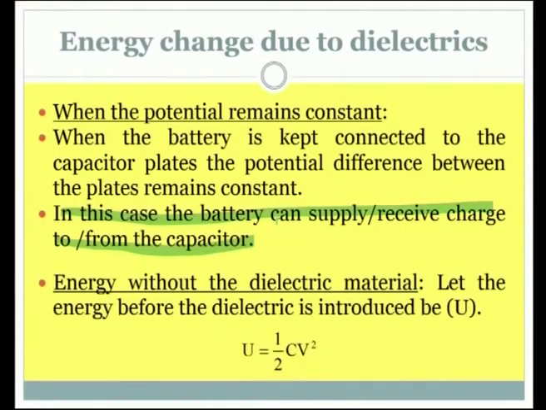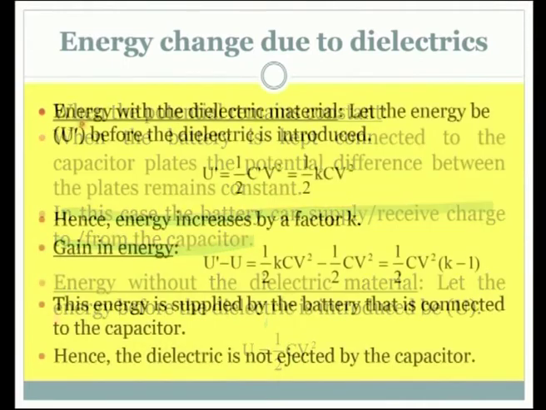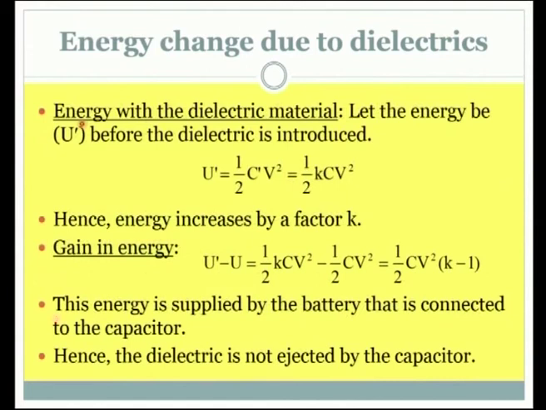Energy without the dielectric material, here we are taking the capacitance C, and the expression half C V square for our discussion. This is in the absence of the dielectric material. Now, when the dielectric is introduced, what is likely to happen? Let the energy with the dielectric material be U dash.